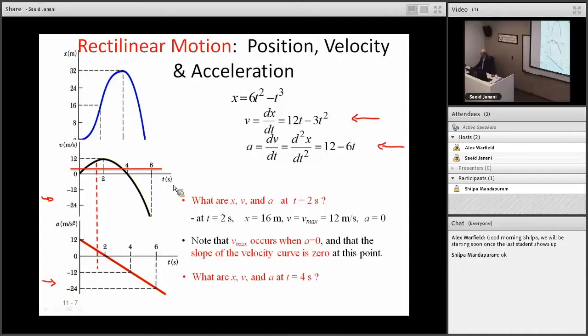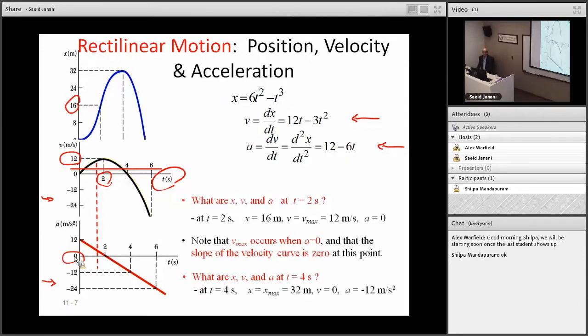What are x, v, and a at t equals 2? So basically this is time. At t equals 2, we can find position. x is 16, velocity is 12 meters per second, and acceleration is 0. Just by looking at the plots. Any questions? All right.